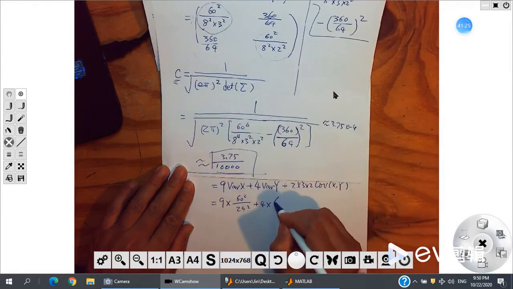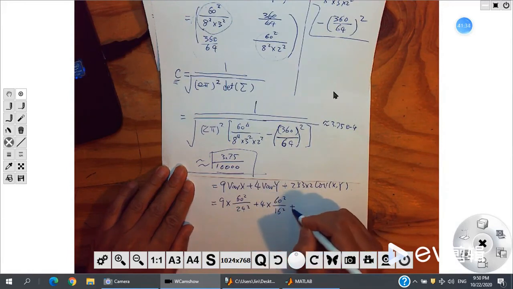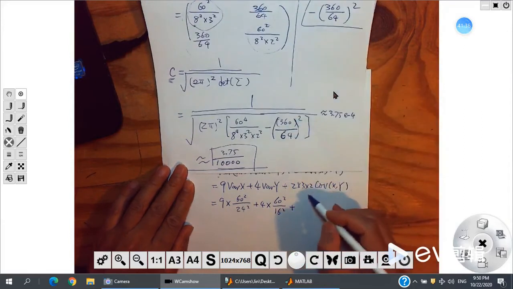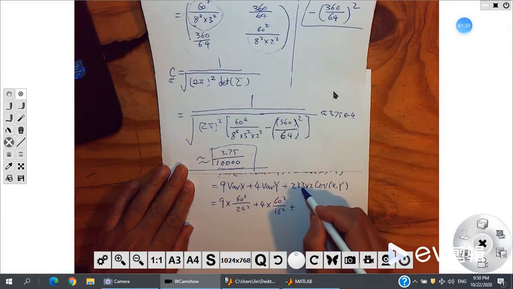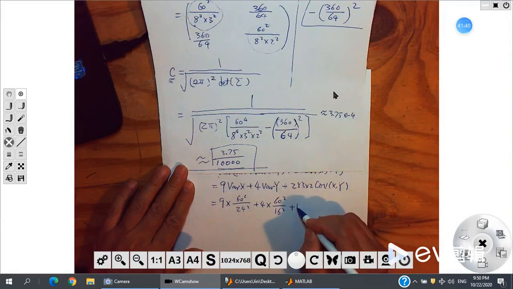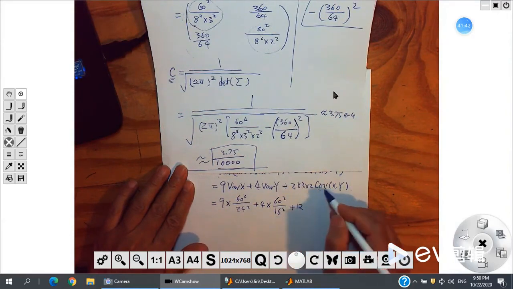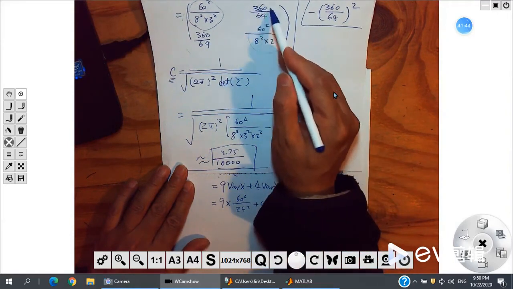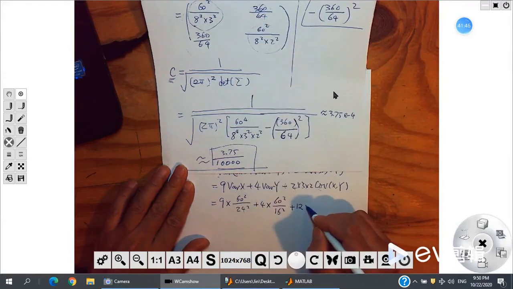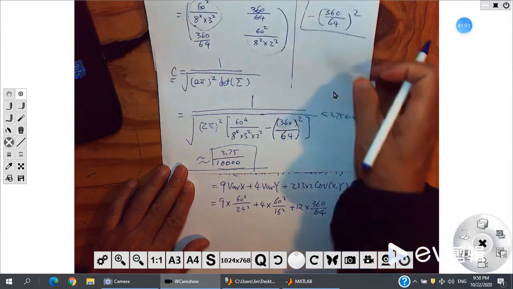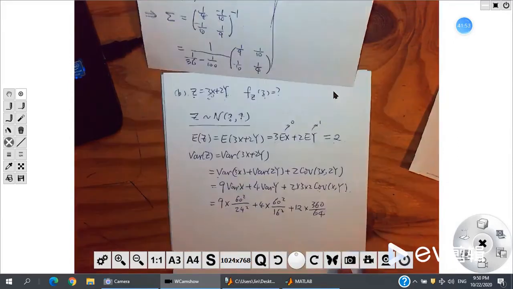This is 60 square over 2 and 8, which is 16 square. And plus the covariance. Here is 2 times 3 times 2, 6 times 2 is 12. And the covariance of xy is just this value, so this is 360 over 64. Alright, so this is the variance of z.